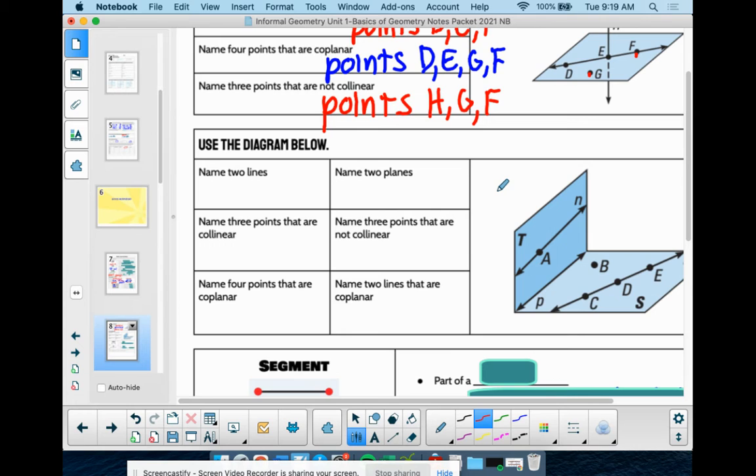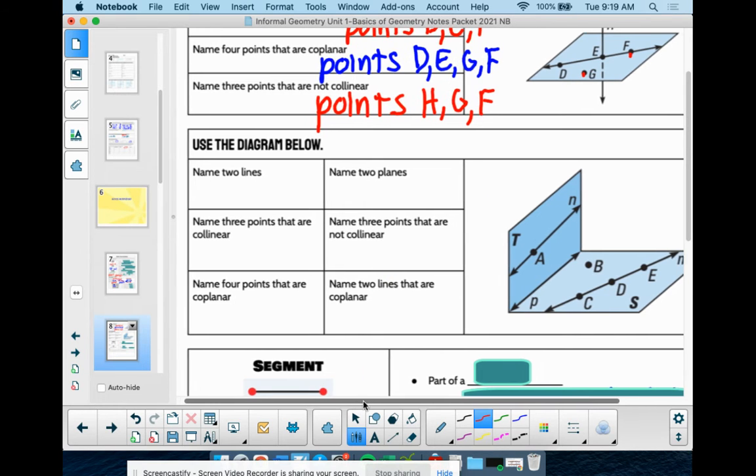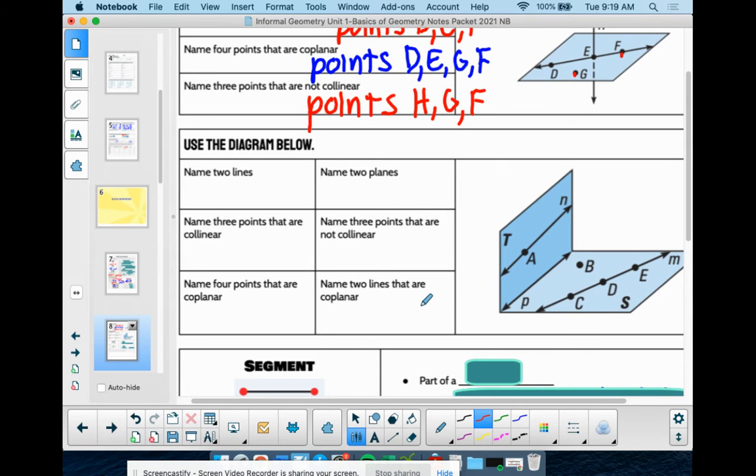All right, we got a more complicated picture now. Let's see how we do. Name 2 lines. That's pretty straightforward. Do you guys see 2 lines in this picture? There's actually 3. Can we name 2 of them? There's one, line N. That's a good answer.